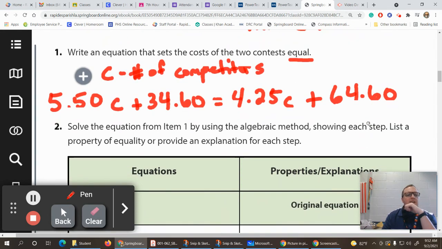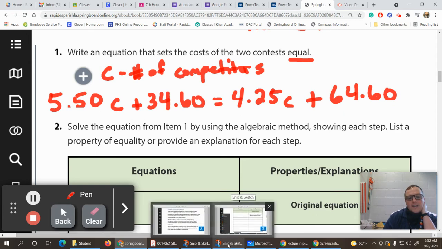Step 2 says solve the equation for Model 1 using the algebraic method, showing each step and listing the property of equality or providing an explanation for each step. Okay, so I am going to switch real quick to another screen where I can write this a little bit better.